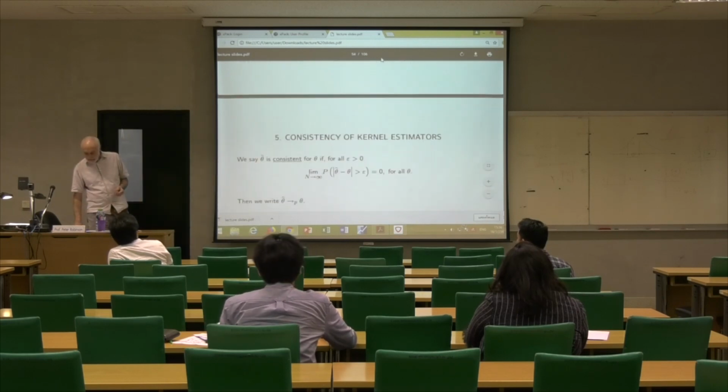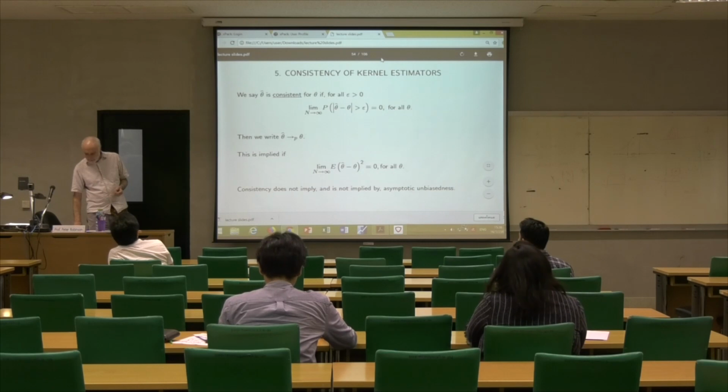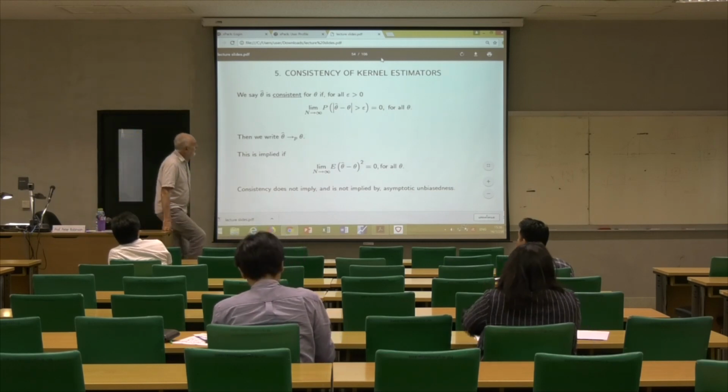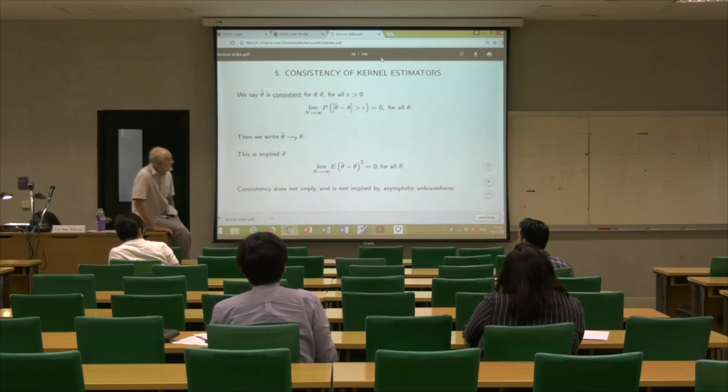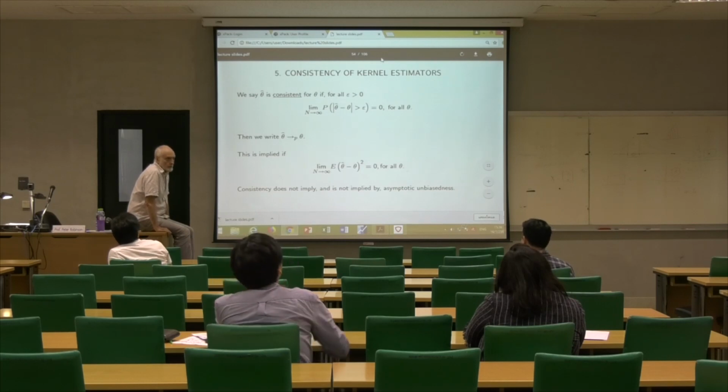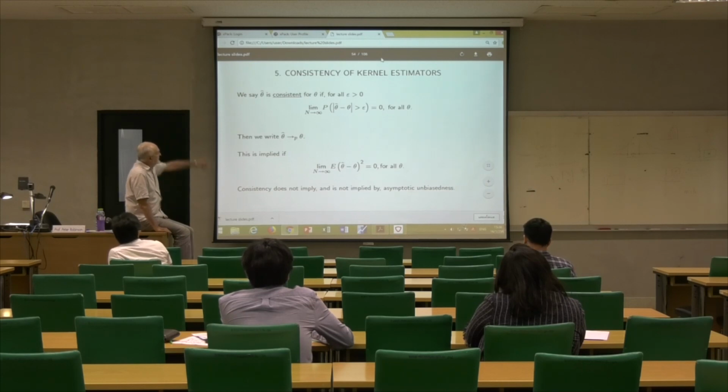Now, Dr. Helmrich mentioned the importance of consistency, so let's look at that now. What is consistency? There are different modes of consistency, and I think the most standard one in econometrics is convergence in probability of the same theta hat as before.